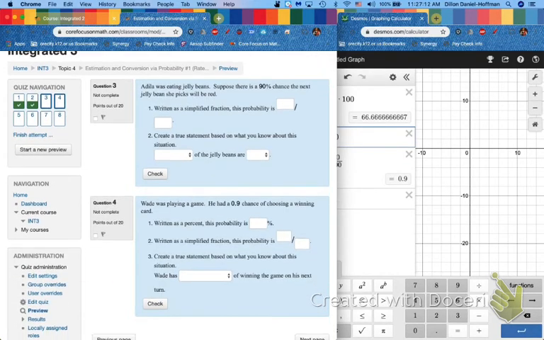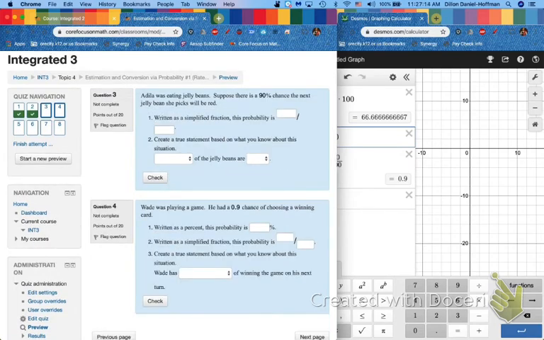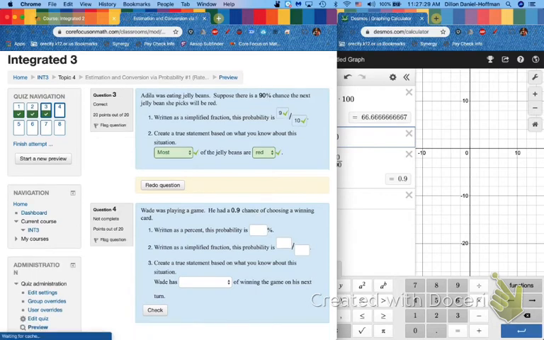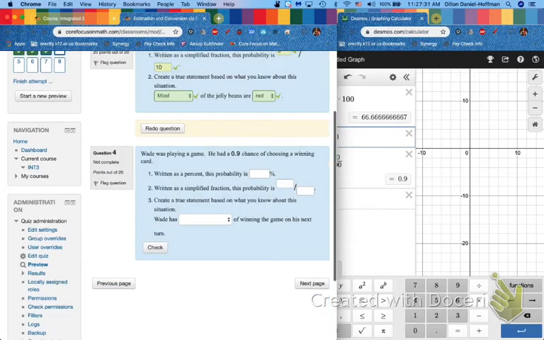Oh wow, so it did that thing it does to me sometimes, which, if this happens to you, know that you're not alone. It erased all my work, so I'm going to have to fill this in again. Most are red. There we go. Wonder how your internet's been out there. We have so many people working from home in my house right now that it's been challenging.